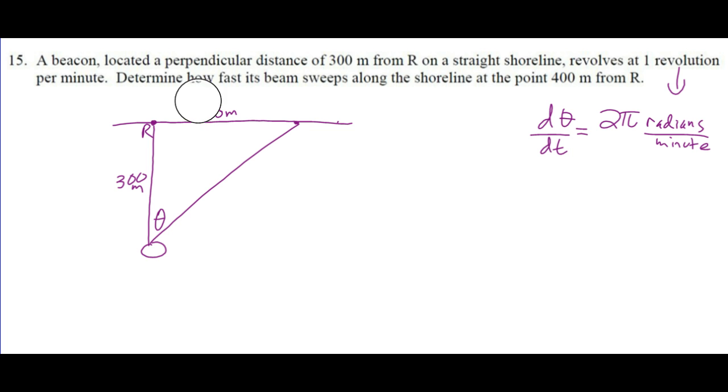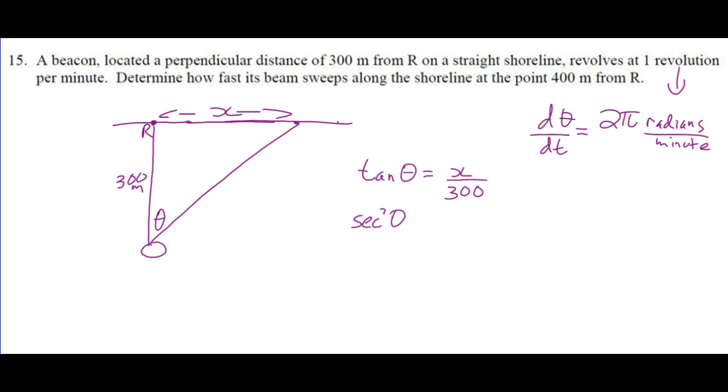All right, so let's call that distance x, and we want to find how fast it's sweeping when x is 400. Okay, so we've got a nice little tangent there, right? We've got theta, opposite and adjacent, so tan theta is x over 300. And we take the derivative, and we end up with dx by dt, but that's what we want, the rate that it's moving across this way.